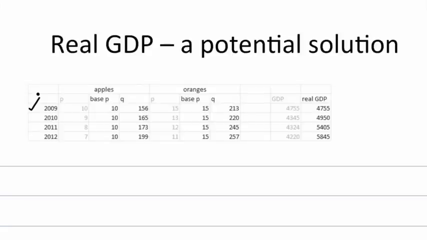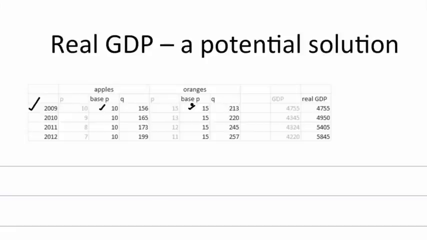And I'm going to declare the prices that existed in that base period to be the base prices. In this case, for apples, it's 10. For oranges, it's 15.